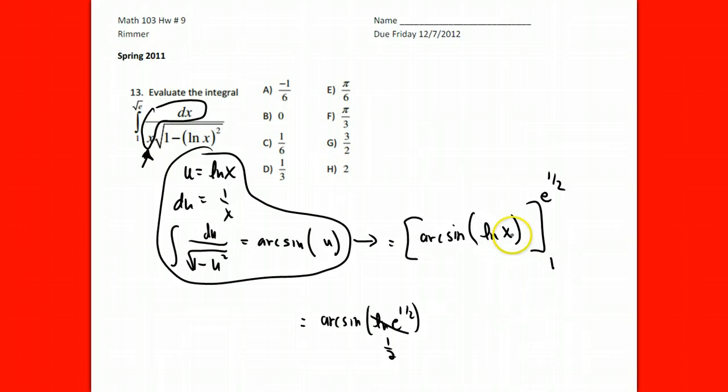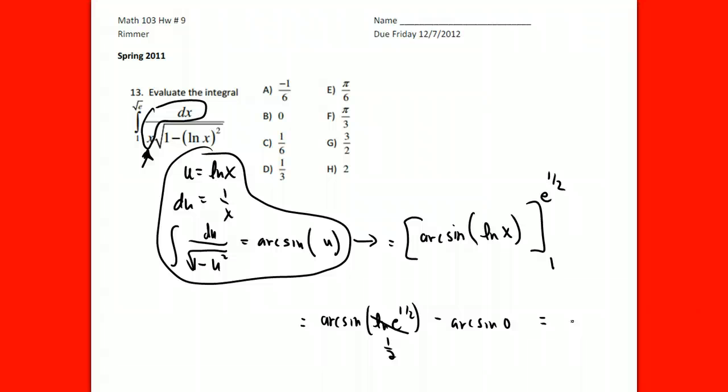The ln of 1 is 0, so from that you're going to subtract the arcsine of 0. And then you just see all the work. Okay. So you have to know how to evaluate the arcsine function. That's all old material now showing up on this exam.